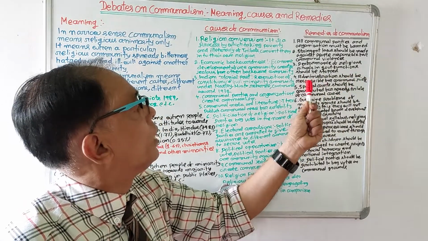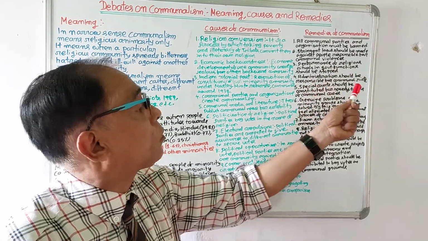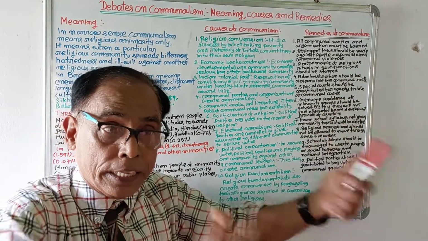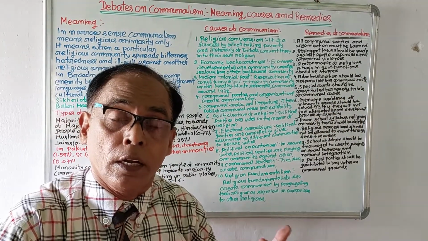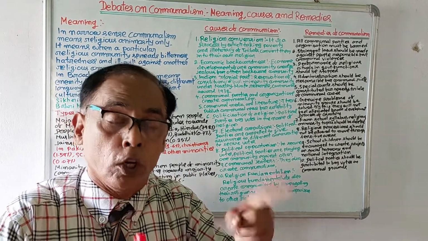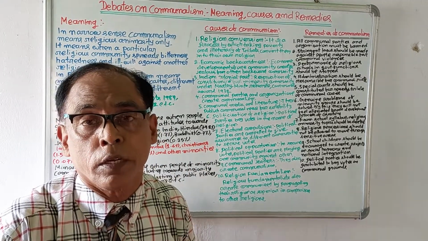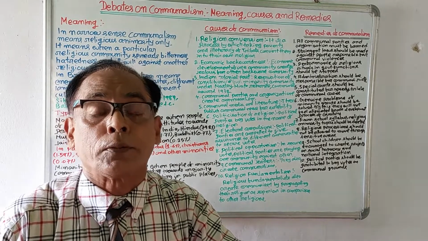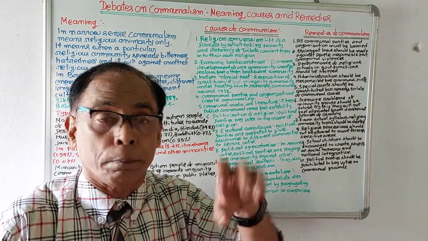Number 4, administration should be responsible for communal riots. If in any area there are communal riots, the police personnel and the district administration will be made responsible. By this, communalism will be suppressed.